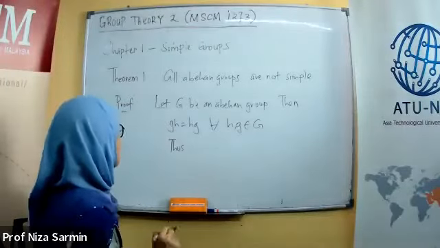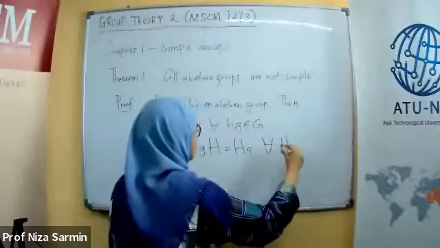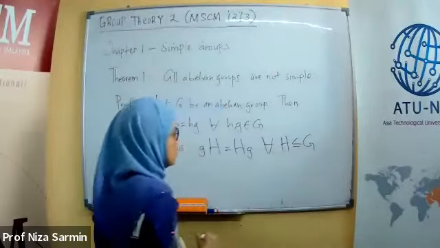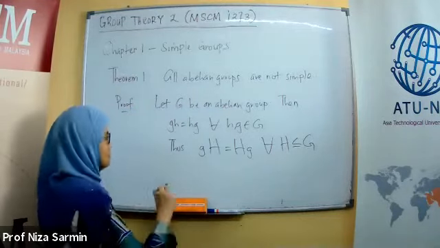It becomes normal if G is abelian. Thus, gh is hg for all subgroups. This is the definition of normal, right?